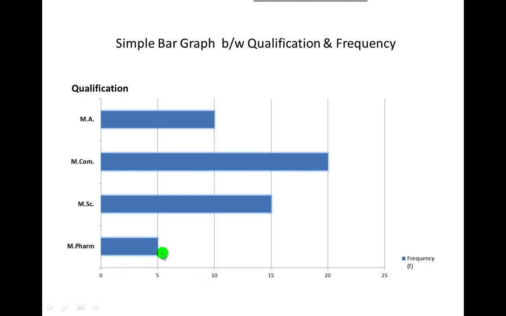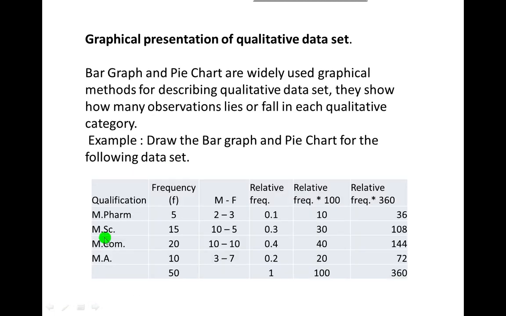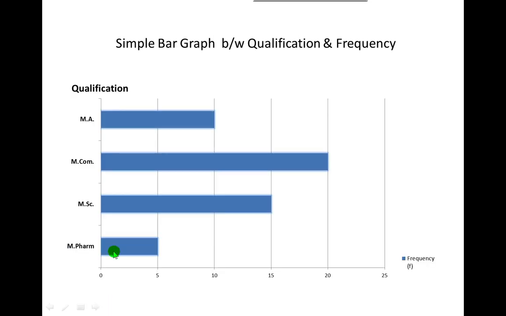There are 5 values. In MSc, the second category, you have 15 observations. MSc 15, MCom 20, MA 10. So the width of the bar is same. The gap between the bars should be same, and the length or height of the bar depends on the frequencies.